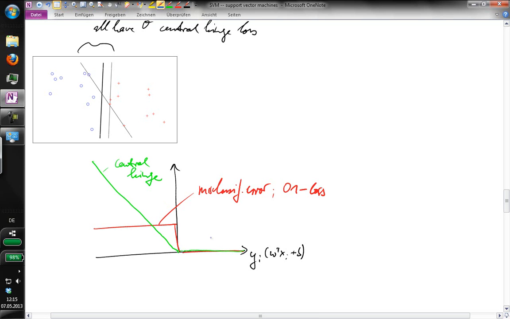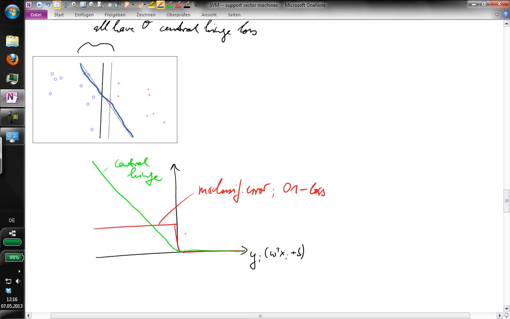And now comes the thing with the margin. So if we want to rule out solutions such as this one here, it means we want to start incurring a cost even if a solution comes close to a training sample, even though it's correctly classified. So we're not just happy with getting a correct prediction, we want the prediction to be correct by a margin.